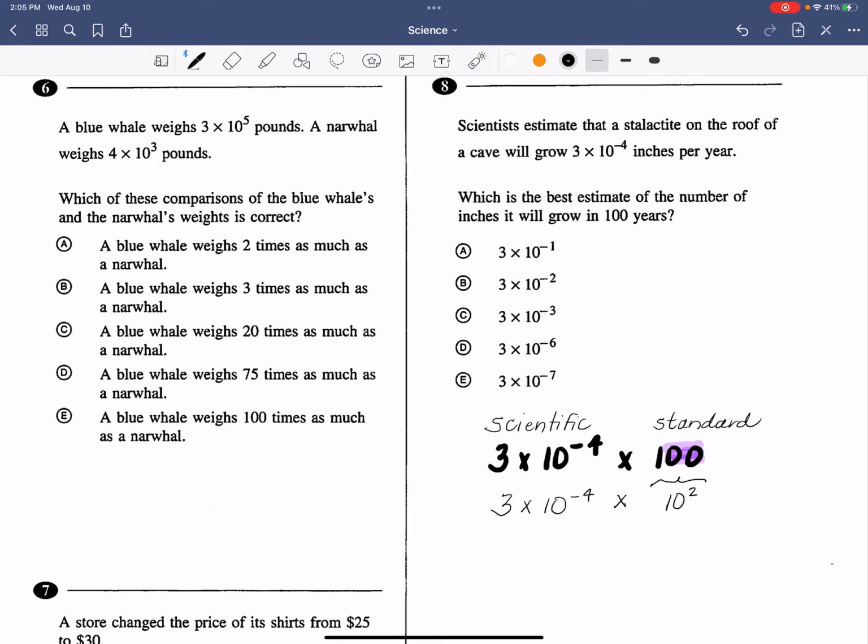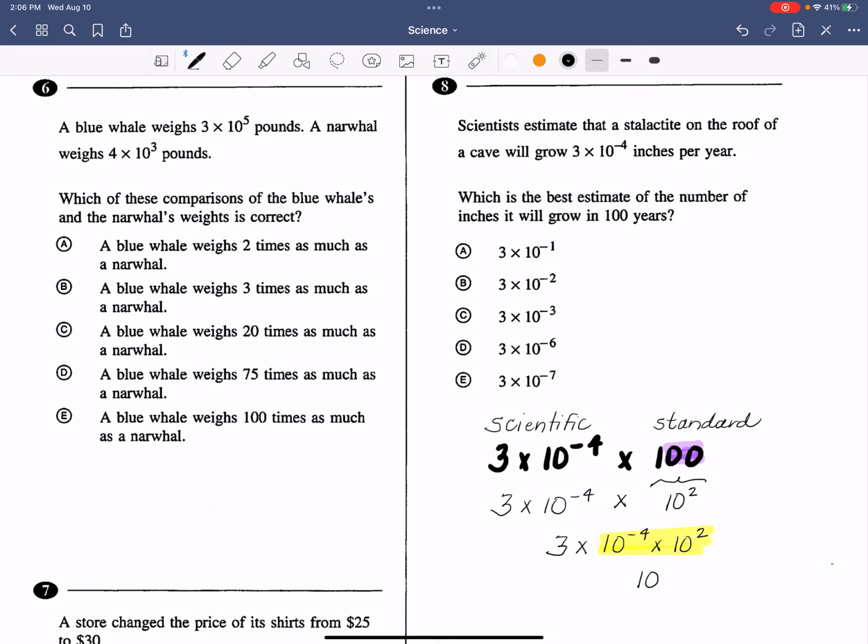And then I can apply my rules of exponents, where I'm going to pull that 3 out front, and then I'm left with 10 to the negative 4 times 10 to the positive 2. So I've just regrouped things, and then we would focus on this part. And I know that when I'm multiplying exponents, I keep the base and then add the exponents.